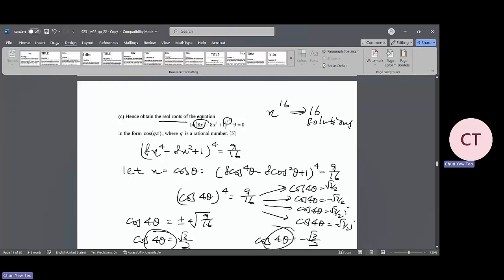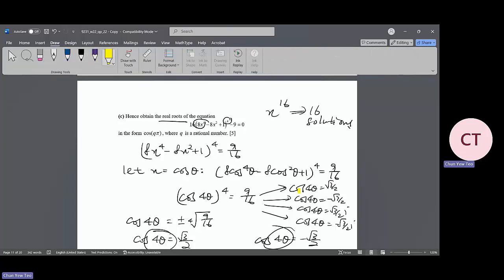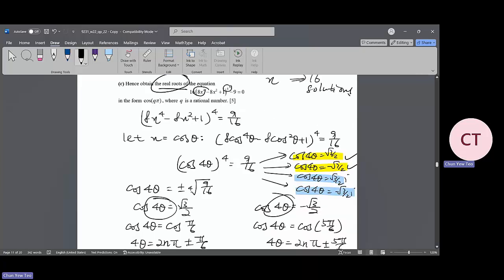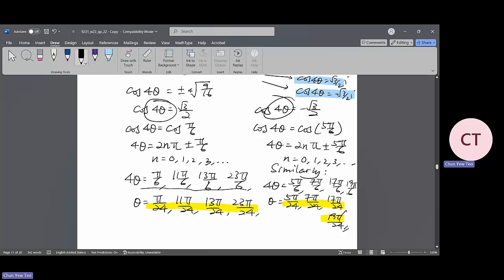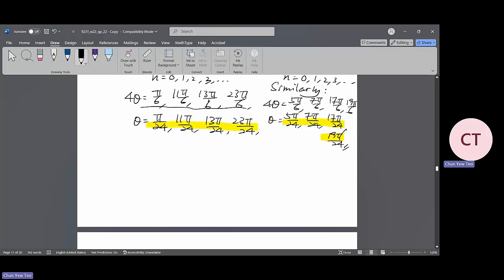So these two will give you real numbers, and these two will give you complex numbers. Okay, so we do not want complex numbers because the question is asking for real roots. So we only need to solve these two only. That is the reason why we only have 8 answers. We don't have 16 answers because we only have 8 real roots, and another 8 of them are complex roots. So this will be the answer for this question number 5.